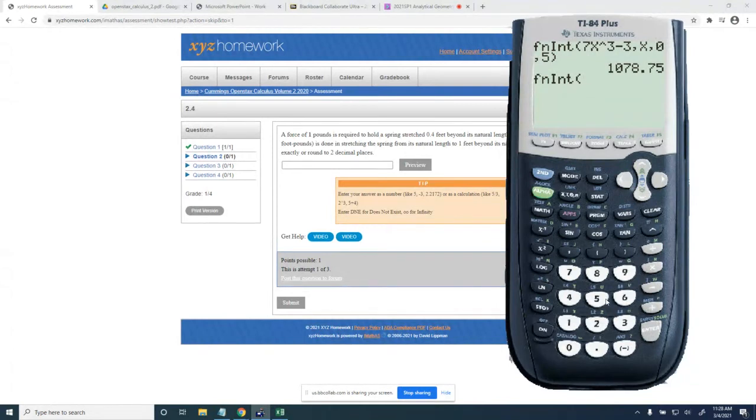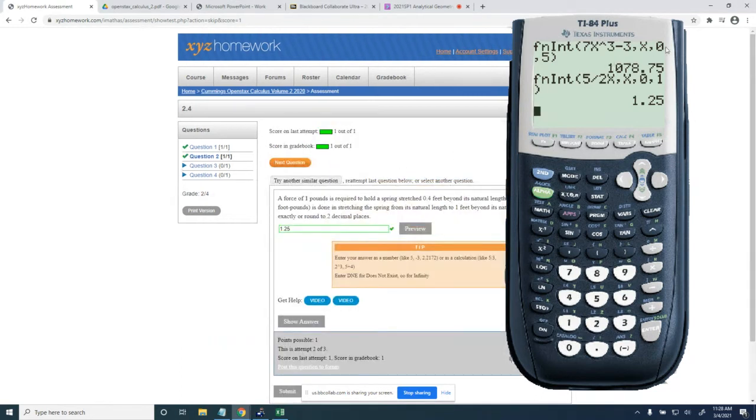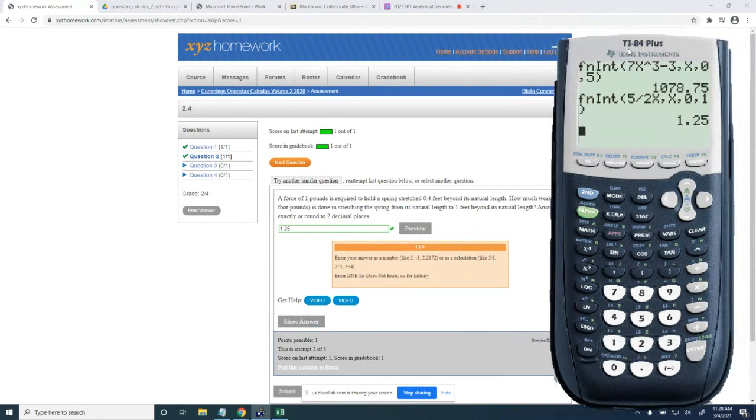We're going to put in that function, 5/2 x. X is the variable of integration. We're integrating from 0 to 1. And we have a value of 1.25.